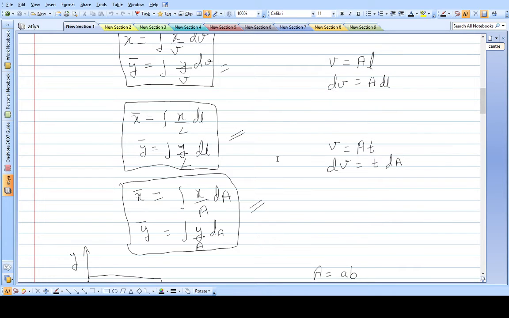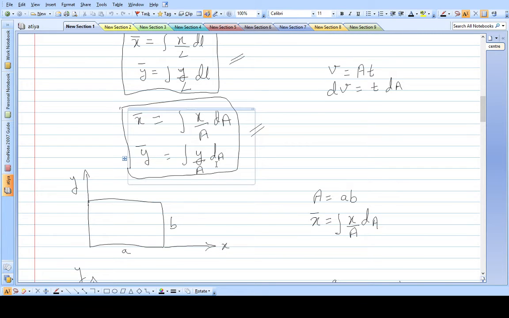Similarly, to find the center of a line, x bar equals the integration of x by L into dL, and y bar equals the integration of y by L into dL. Similarly, to find the centroid of an area, x bar equals the integration of x by A into dA, and y bar equals the integration of y by A into dA.